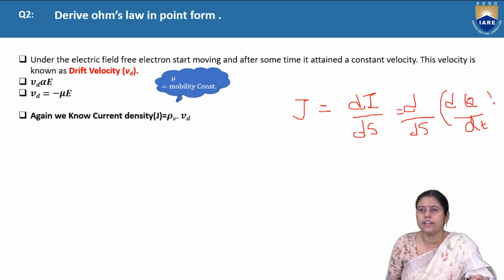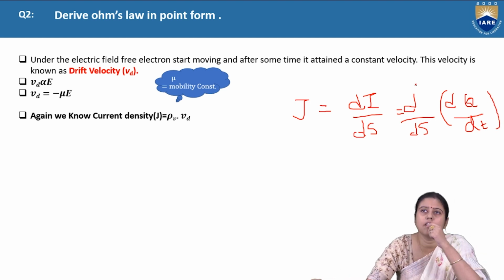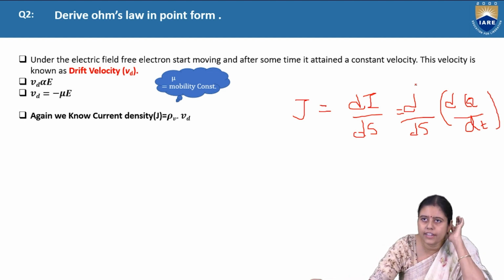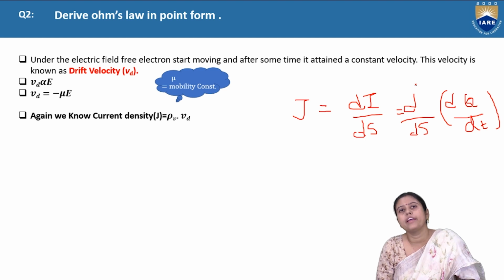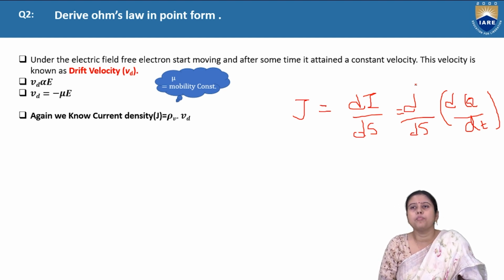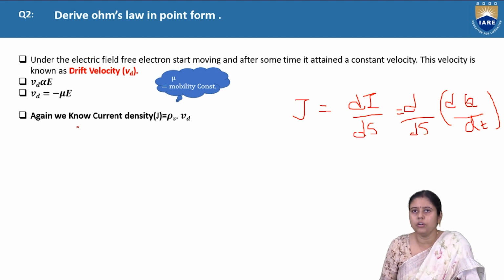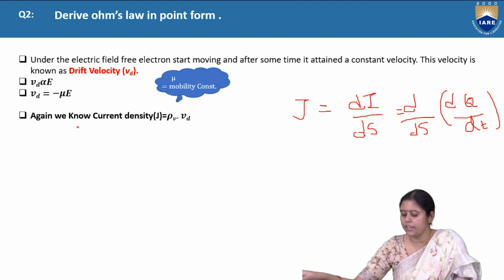So di by ds is equal to d by ds into dq by dt. Now, what is the value of dq? dq is equal to rho v into volume. So if we put all the values, we will get current density J is equal to rho v into Vd.